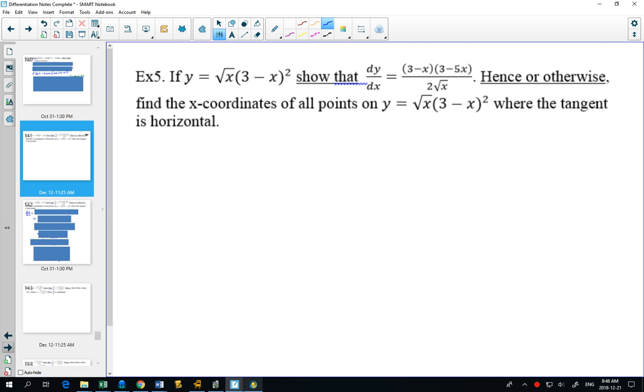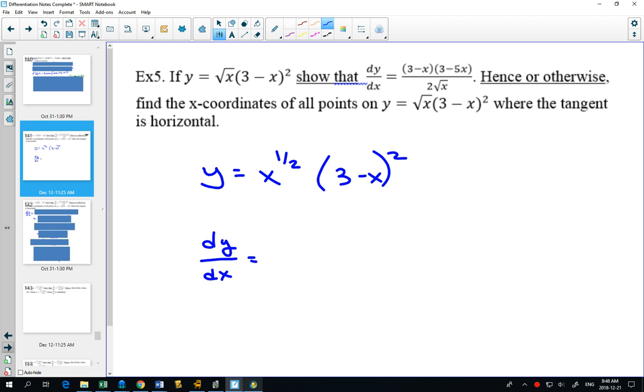So in this case, again, we know what y is. I'm going to just take the time to change the square root of x to x to the half. Finding the derivative, it's a product rule, so keep one the same, derivative of the second one.